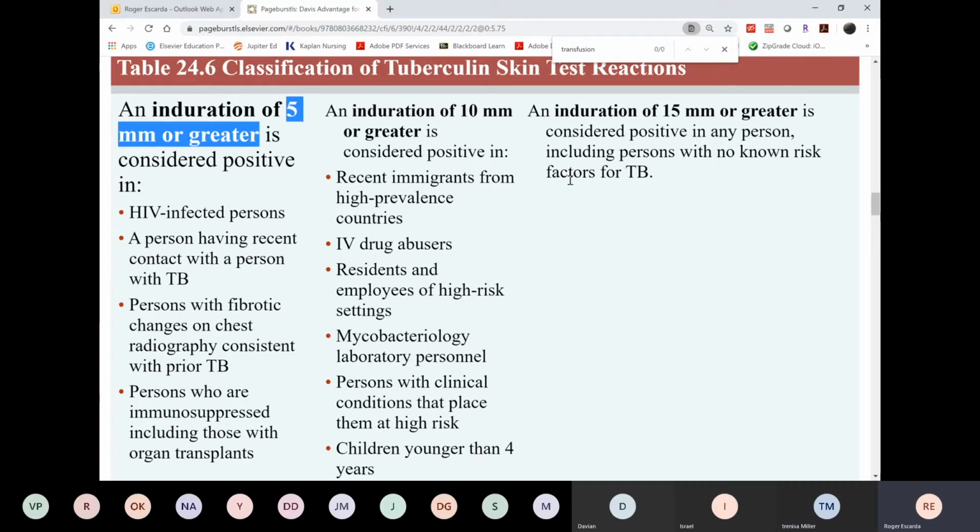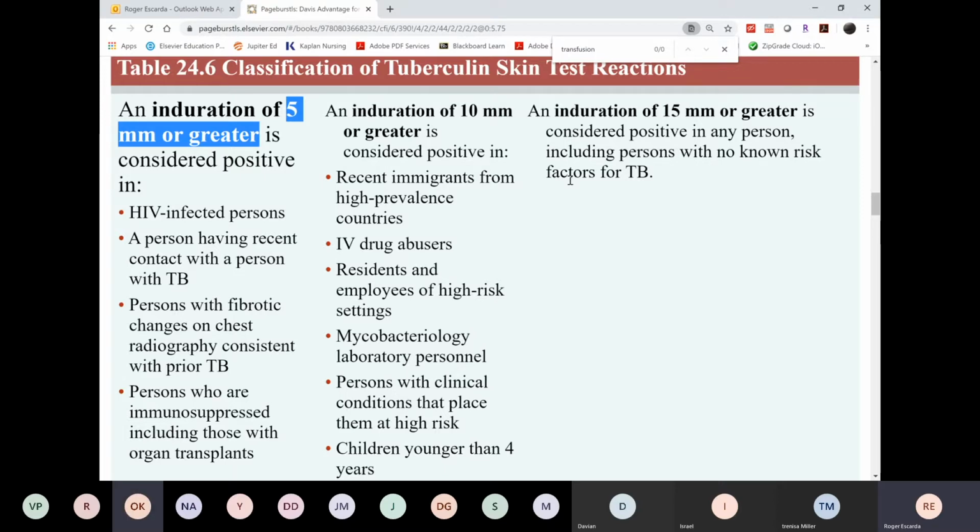Okay, so let me ask, who among you here? Let me ask Sheila. Where do you fall? Are you a 5, 10, or 15? Or Miss Omo? Miss Omo, are you 5, 10, or 15?